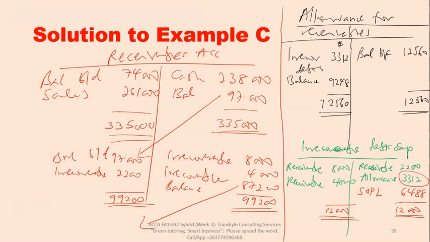Thus, the statement of profit or loss charge, ladies and gentlemen. And our allowance for receivables is going to have this balance as the amount to stay there. I think that is that.